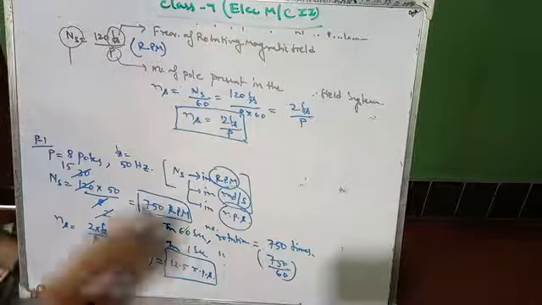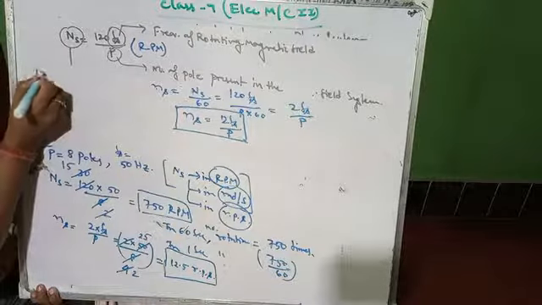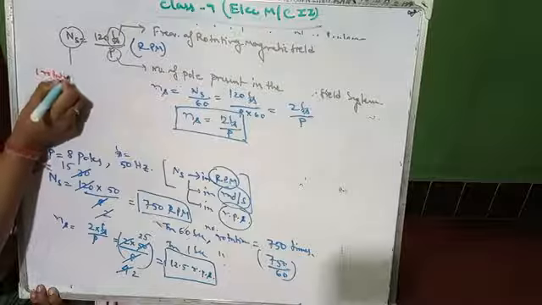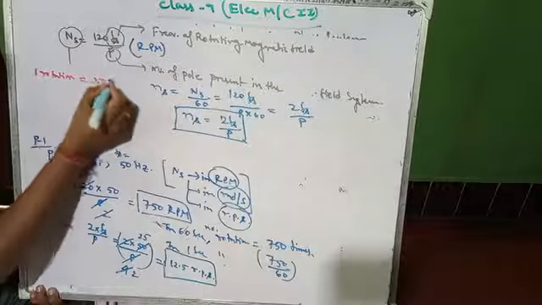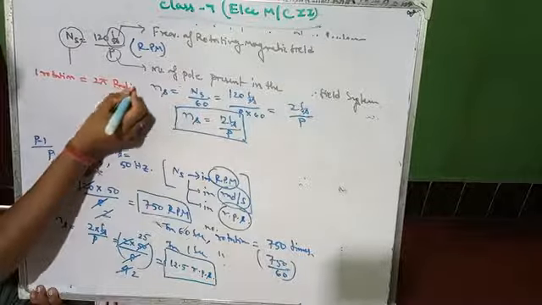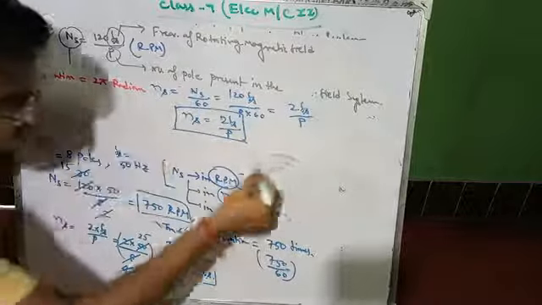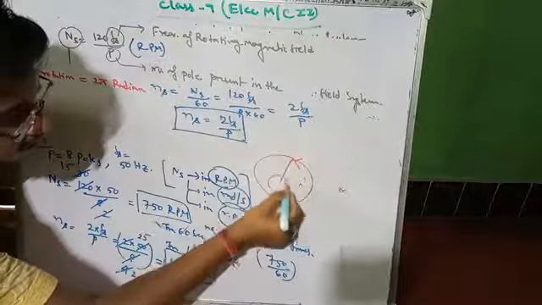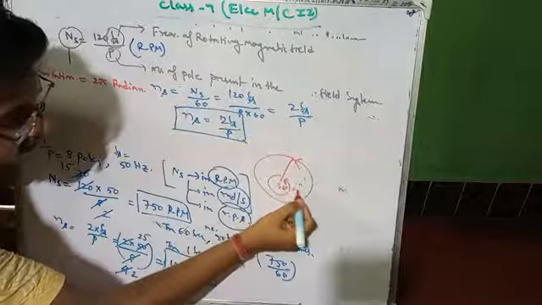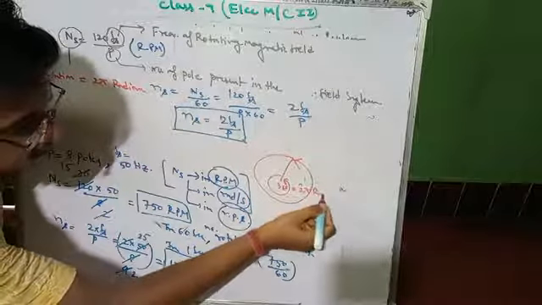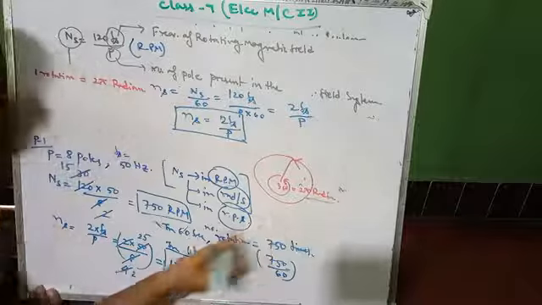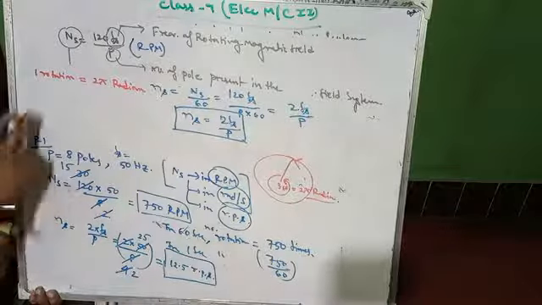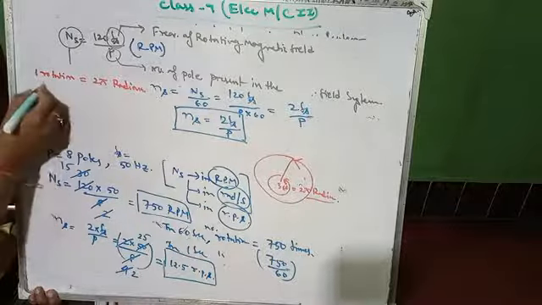One rotation equals 2 pi radian. One complete rotation is a 360 degree angle, that will be 2 pi radian. So one rotation is 2 pi, so theta equals 2 pi.